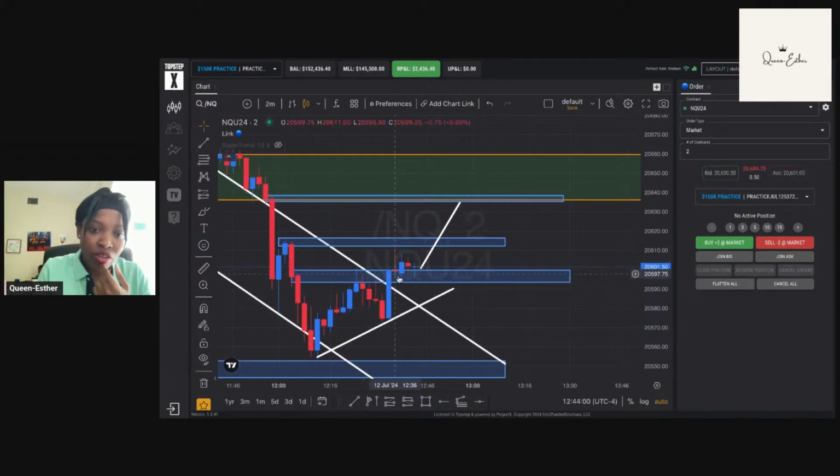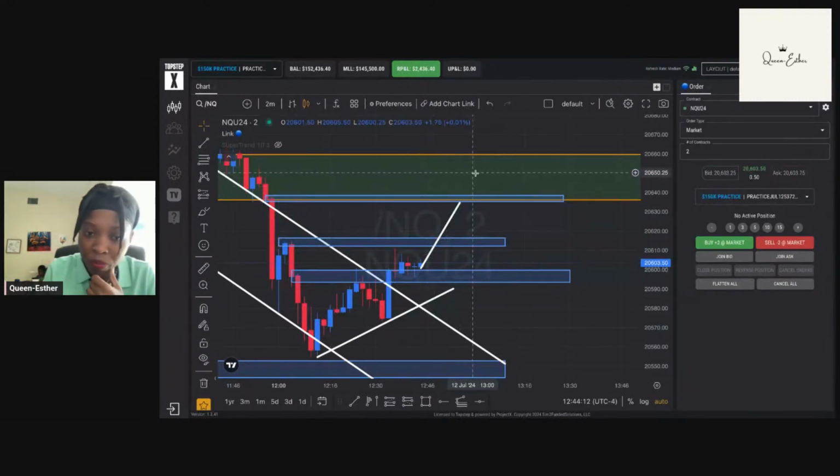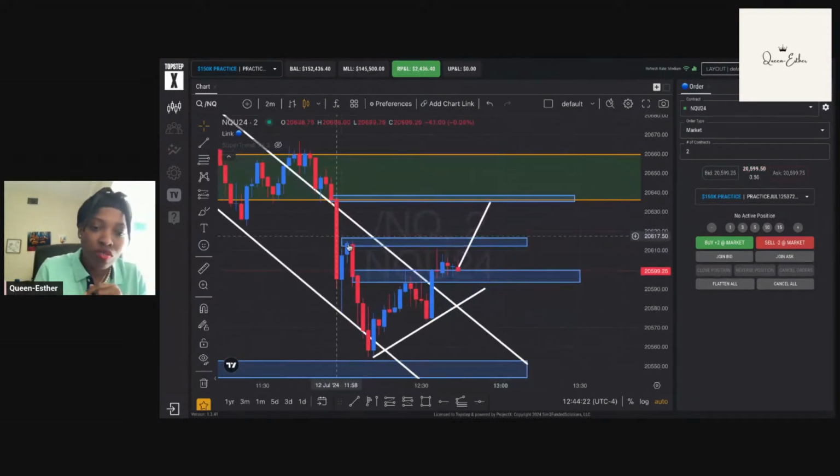So that's why it was better for me to come to the 2 minutes for my entry. When you see these candles, powerful. So we're waiting for the market to continue up. That's the prediction. If the market doesn't continue up and it goes down, it's still okay because we already took profit a little bit below this resistance area.